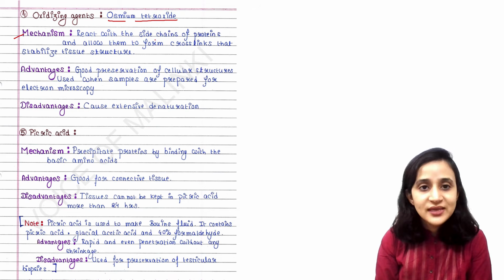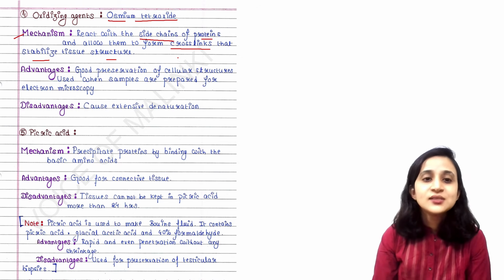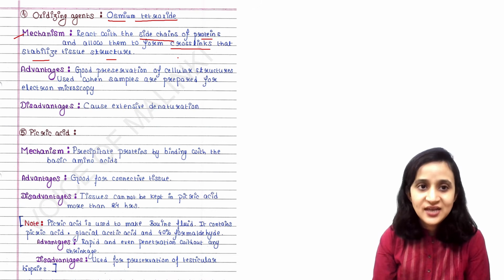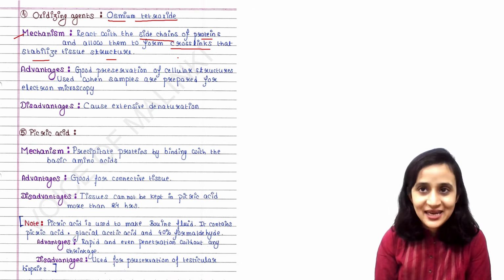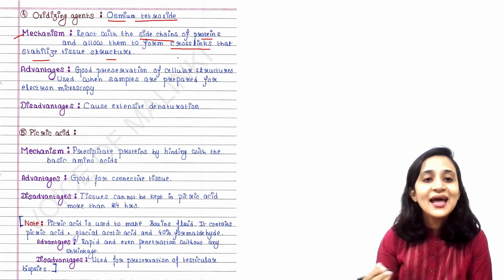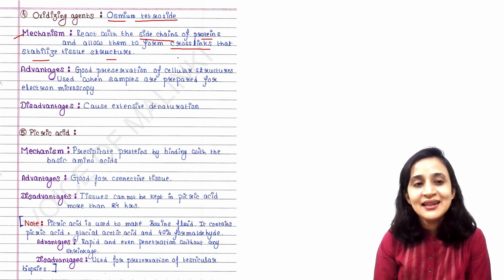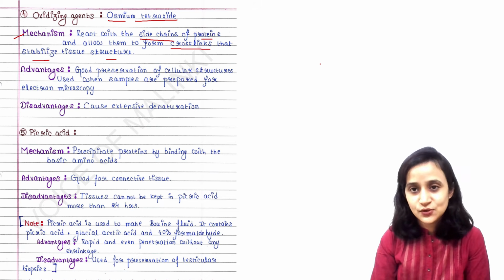It reacts with the side chains of proteins and allows them to form cross links that stabilize tissue structure. So these oxidizing agents react with the side chains of proteins, and then allow them to form the cross links, and then it will stabilize the tissue structure.